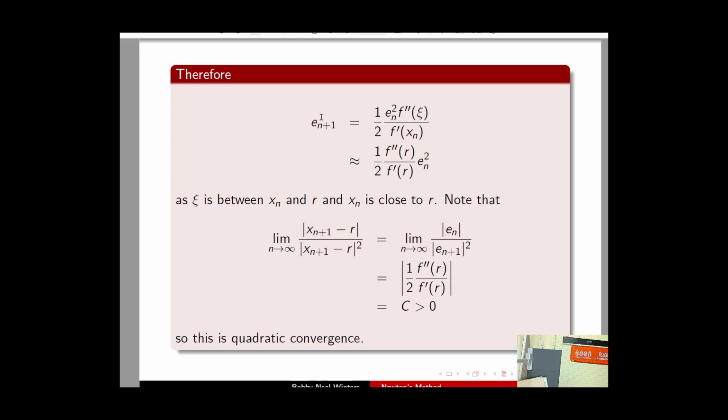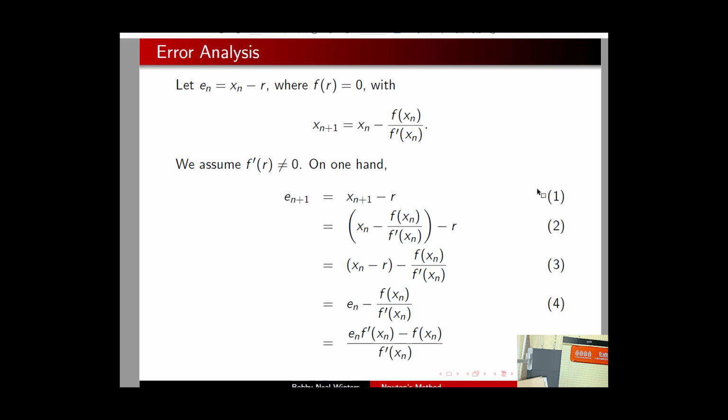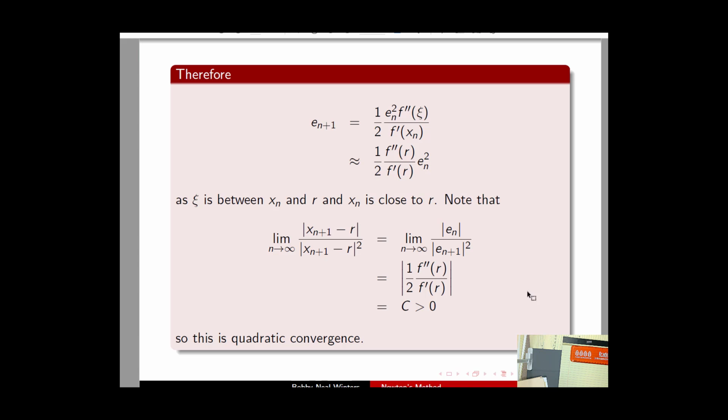Doing my substitutions, and substituting back into the earlier expression, gets me that e sub n plus 1 is 1/2 f double prime of r over f prime of r times en squared.